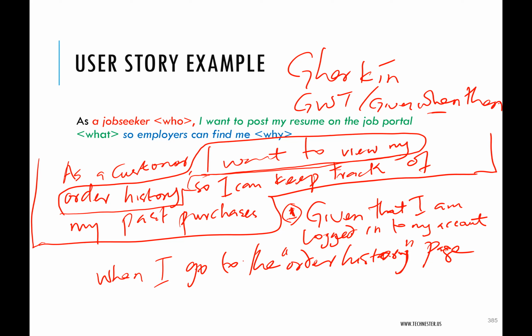Can you all see what I'm writing? Yes. Okay. So when I navigate to the order history page, then, so you see why it's called given when then. Given, when I do something, then what should happen? Then I should see, this is the result I want, right?